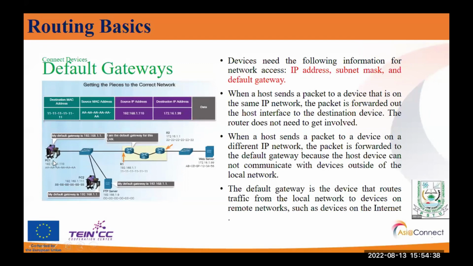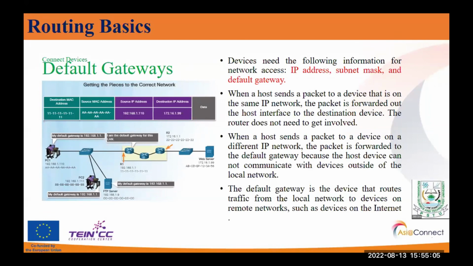PC1's IP address is 1.110, and this web server is 1.99. When PC1 accesses this IP address, the packet first arrives at this switch, which tries to find out whether it is on the local area network or not.